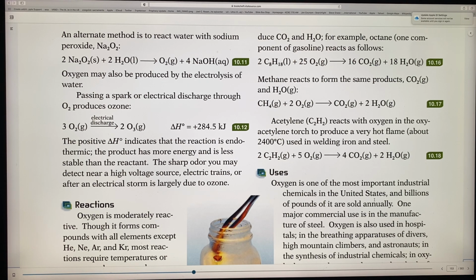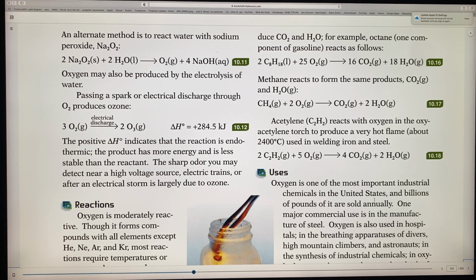Oxygen may also be produced by electrolysis of water. That means putting electricity through the water, and they pass a spark, and this discharge produces ozone. So we have 3 O2, with that electricity, producing 2 O3, which is ozone.